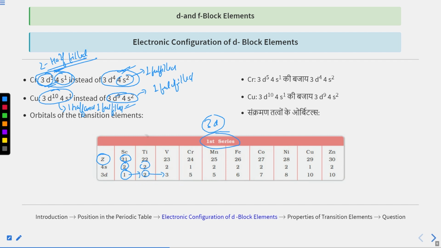But here, as I've said for chromium, there is an exception. Then we move to 5. Here it should be 4, but it is 5. Then 5, 6, 7, 8. Then again, it should be 9, but it is 10. So these are the two exceptions for the normal filling. Clear? Okay.